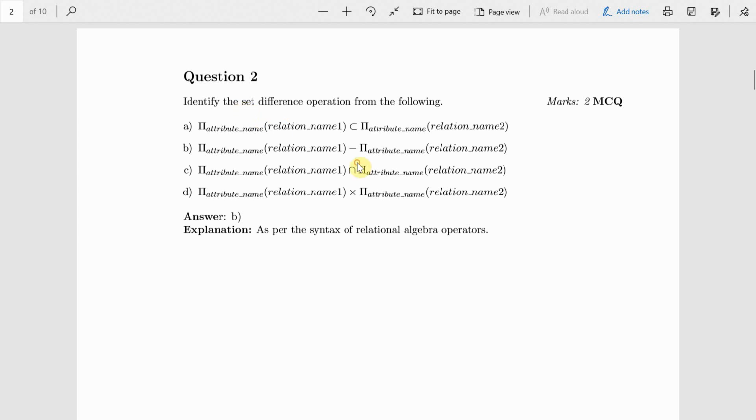Identify the set difference operation. We have three types of set manipulation operators called union, which is represented with U, intersection, reverse U, and minus.